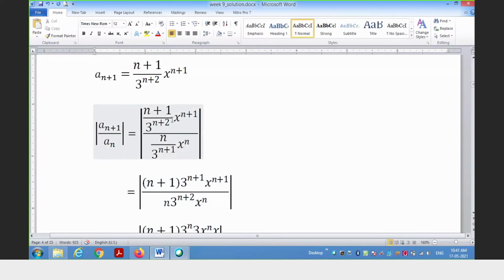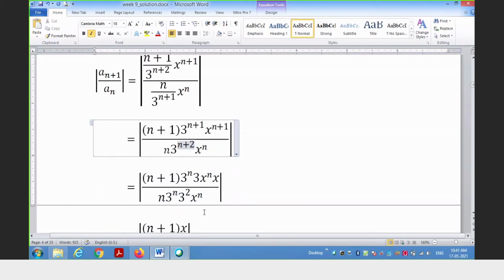You can rearrange this: the reciprocal of this will be on the top and this will be in the bottom, then x to the power of n.